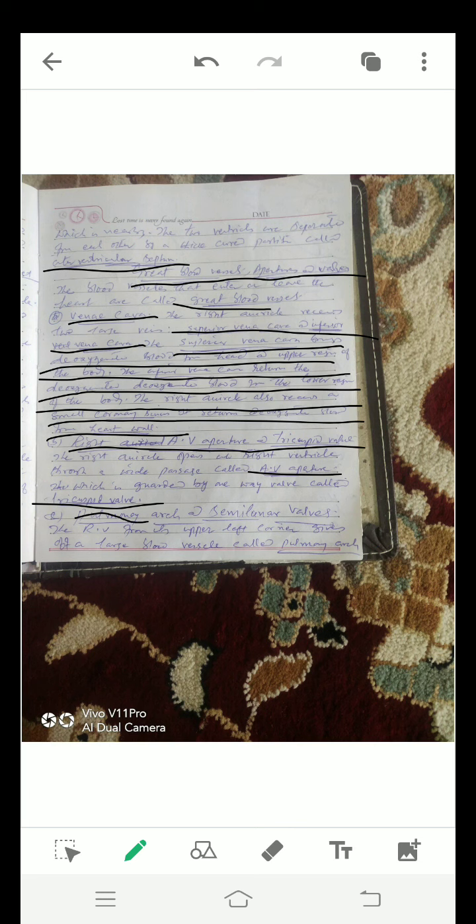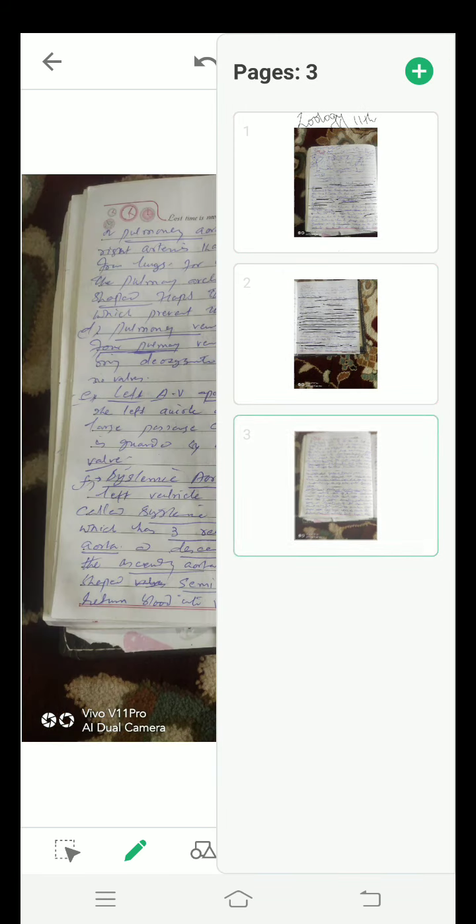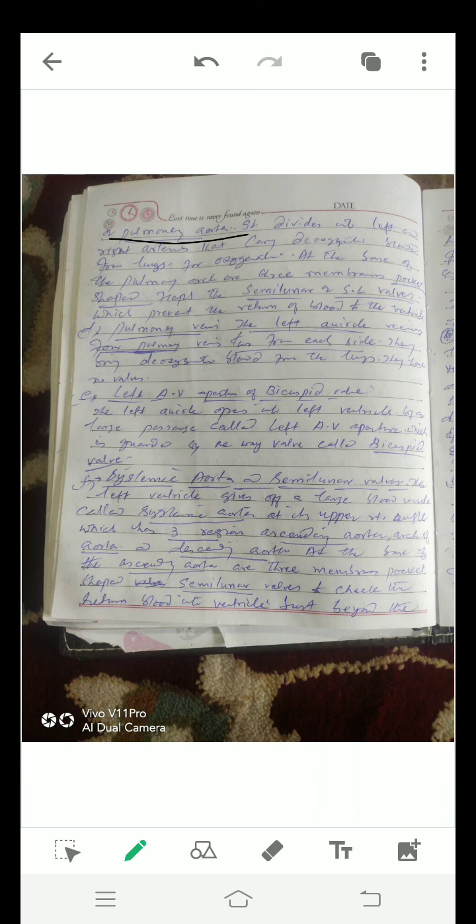Pulmonary arch and semilunar valves. The right ventricle from its upper left corner gives off a large blood vessel called the pulmonary arch or pulmonary aorta. It divides into left and right arteries that carry deoxygenated blood to the lungs for oxygenation.